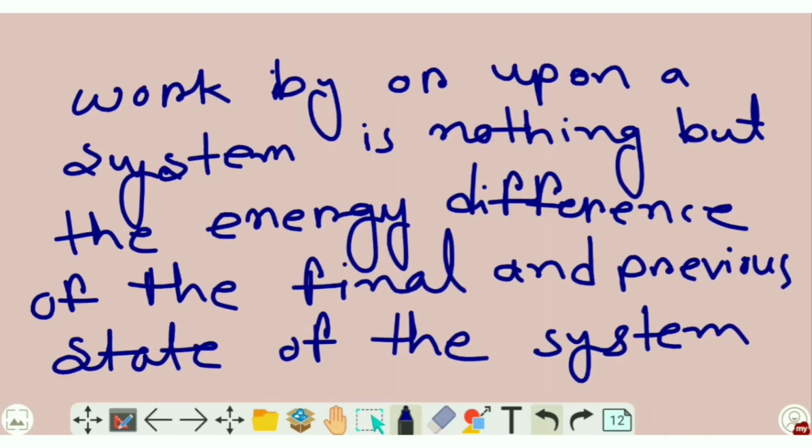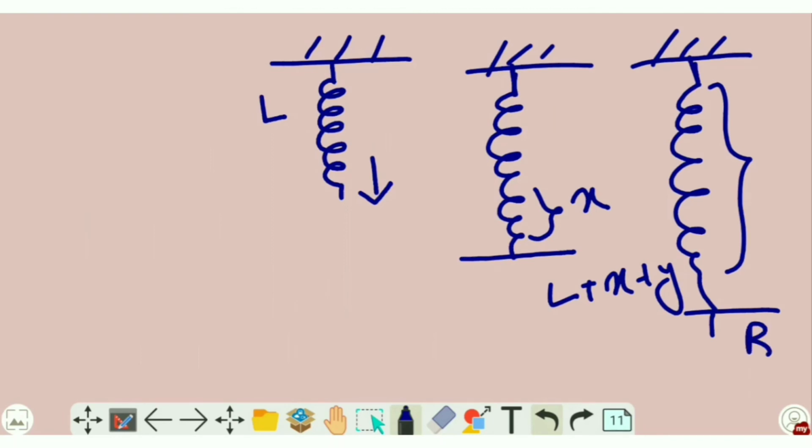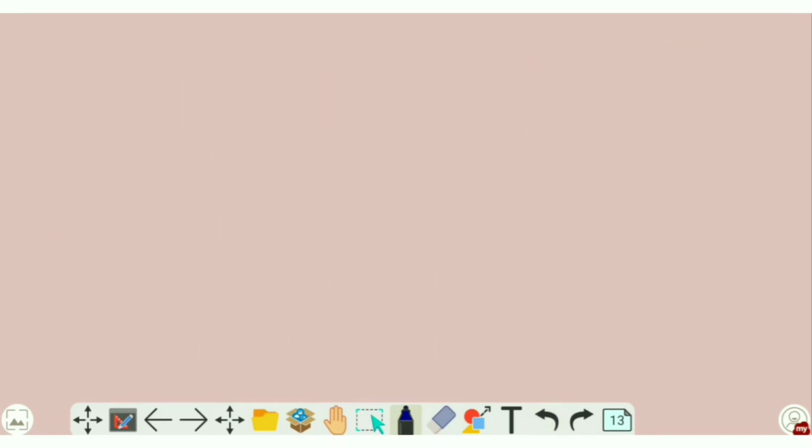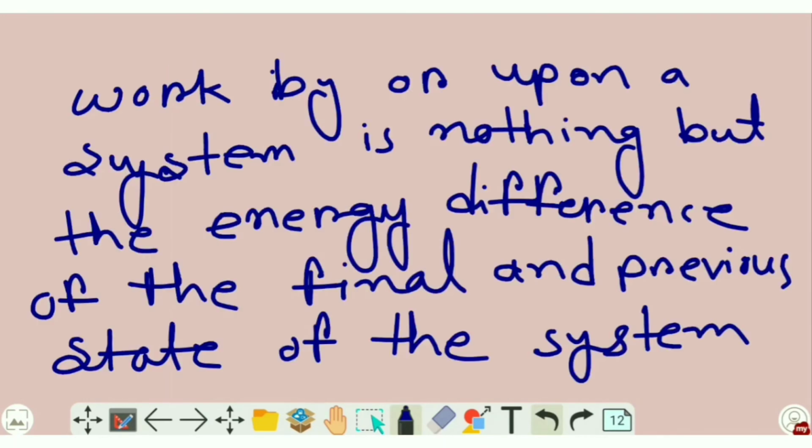So this is B and this is A. Here we have said that it is the energy difference between the final and previous state.